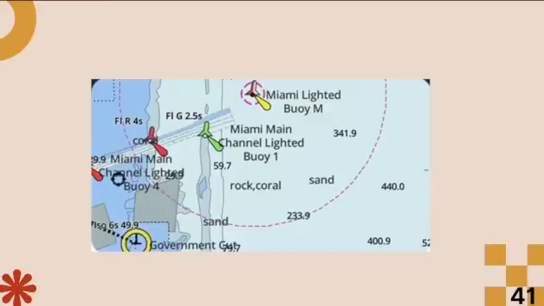So anchorage, an anchor symbol, indicates a safe area where vessels can drop anchor. And channels, a dashed line often marks the edges of a navigable channel, which is the safe path for ships to follow.